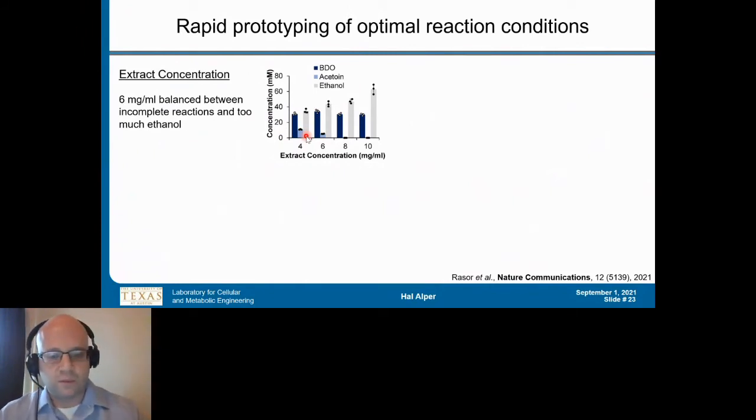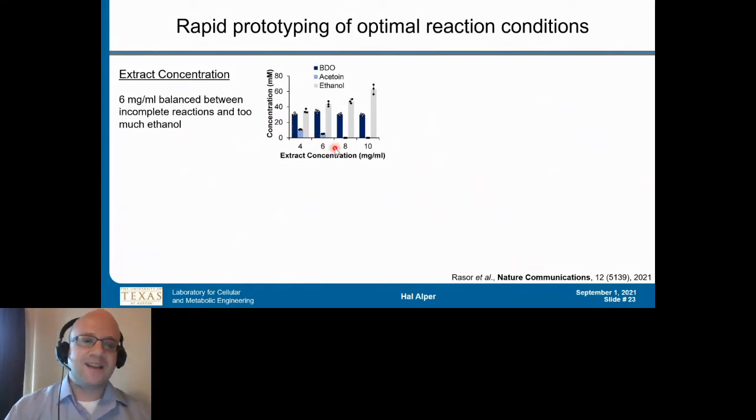As we have more and more protein content, we begin to see that that decreases. But the flip side is that the ethanol concentration in our reaction increases as we have more extract concentration. So there's this balance between having an incomplete reaction and too much ethanol produced. We found that somewhere around the 6 milligram per milliliter concentration of extract seemed to be best. So we can change protein composition pretty quickly in an in vitro system. Can't do that in vivo.